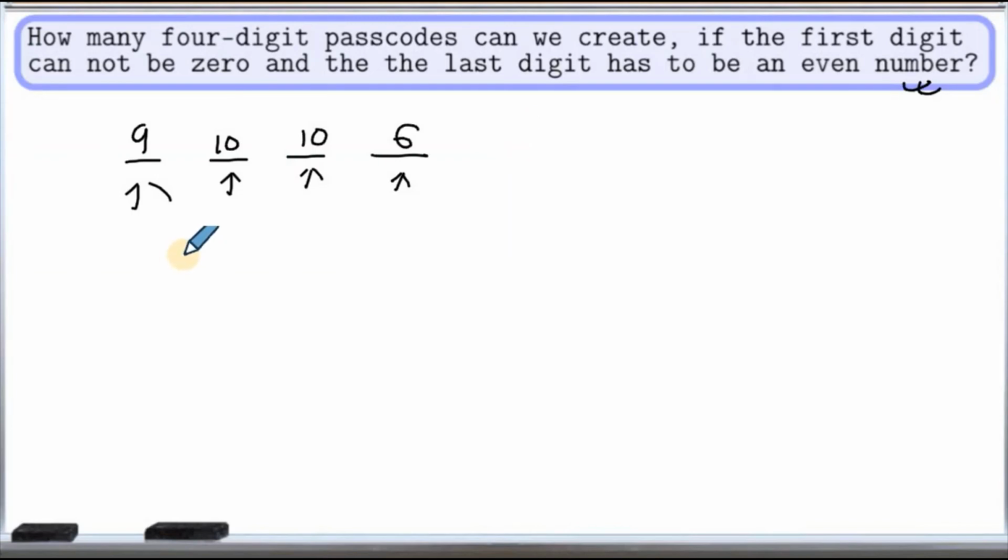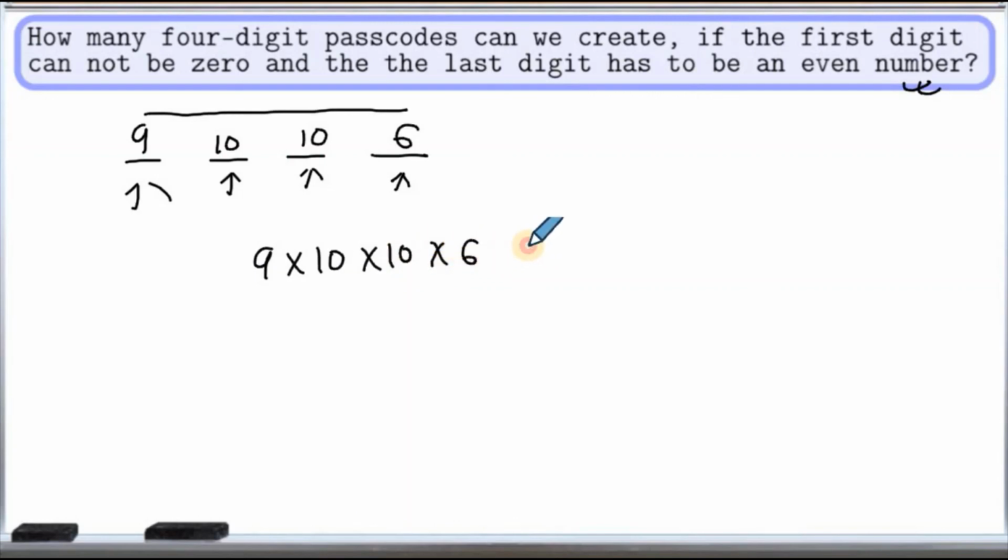So now to find the number of 4-digit passcodes, we multiply these numbers. That means 9 times 10 times 10 times 6, which gives us 5,400. So therefore, we can have 5,400 passcodes.